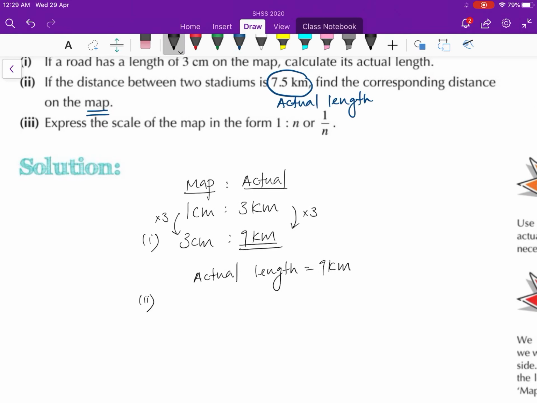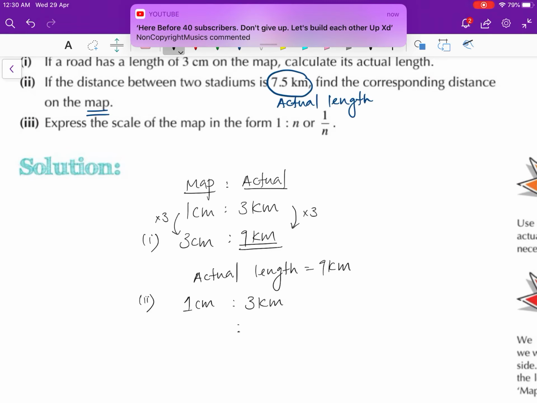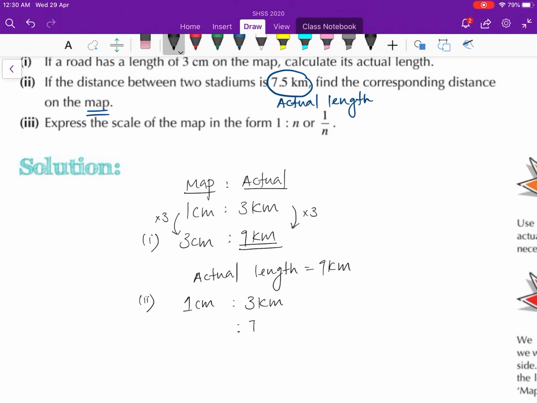So I'm going to repeat my ratio. 1 cm is to 3 km. And now 7.5 kilometers is actually on the right side. So how do I get from 3 to 7.5? What do I multiply by? Very simple. All I need to do is press my calculator.